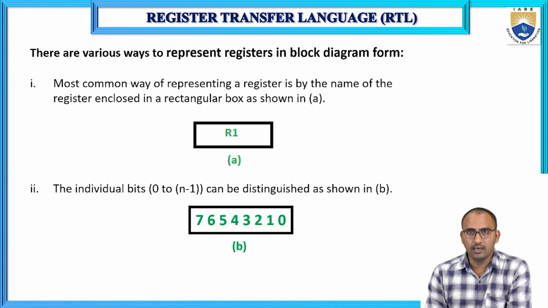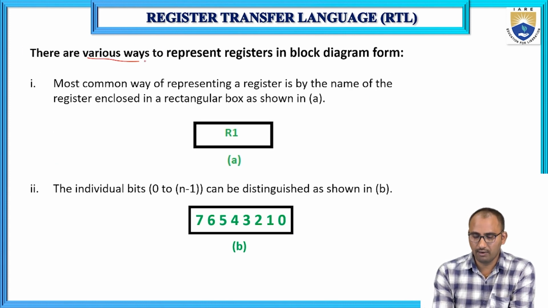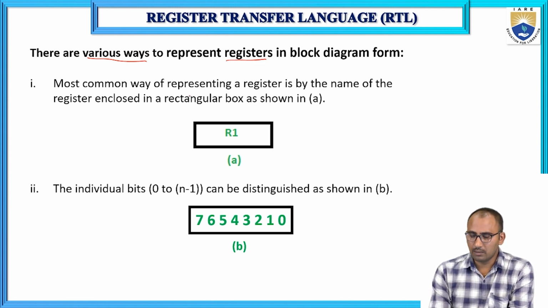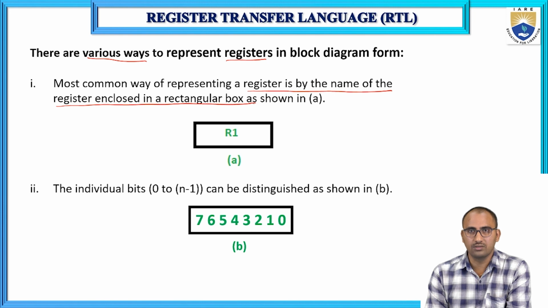So these are all the different ways to represent the registers. In general, there are 4 ways we can represent the registers. The first way is representing a register by the name of the register enclosed in a rectangular box.